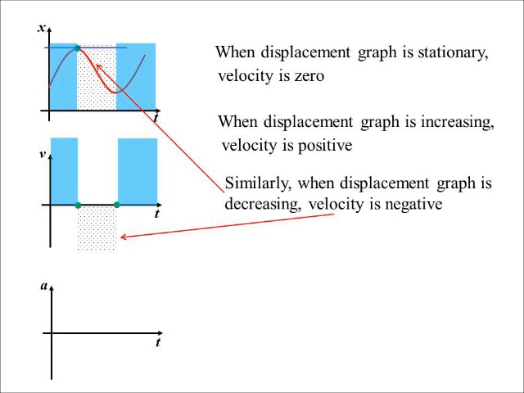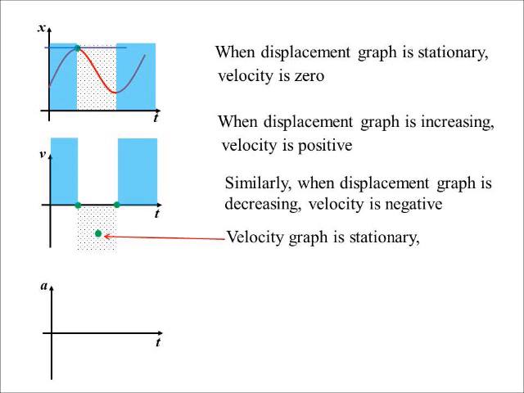Now, the velocity graph will be stationary at that point there. How do I know that? It's when our displacement graph inflects. Now, an inflection point is when it changes what we call concavity. The most common, I guess, that we've seen already is with our cubic at the origin there. So that's when the curve's not reflecting, but it's inflecting.